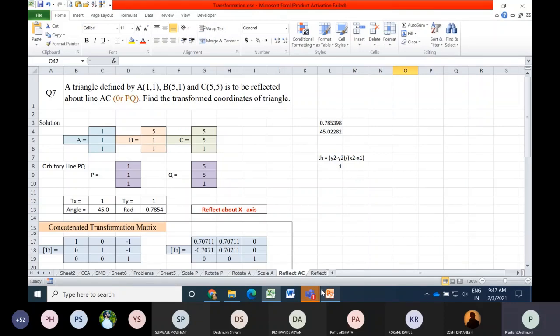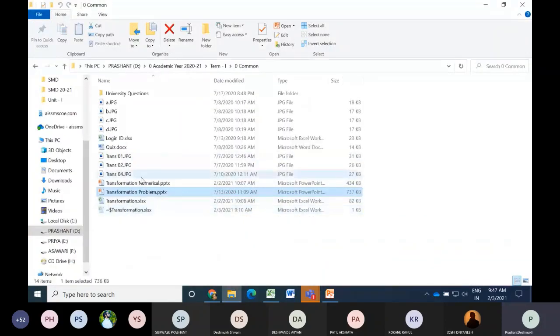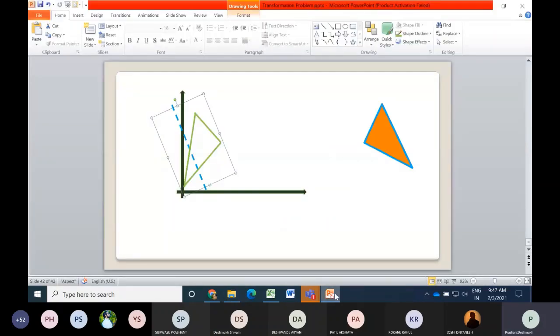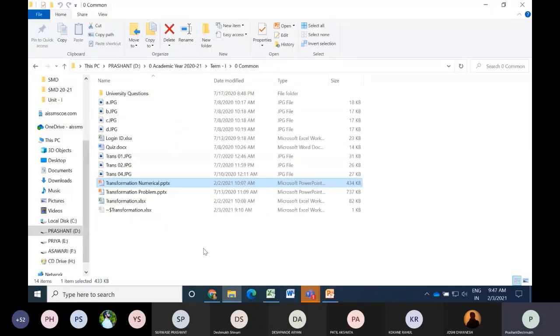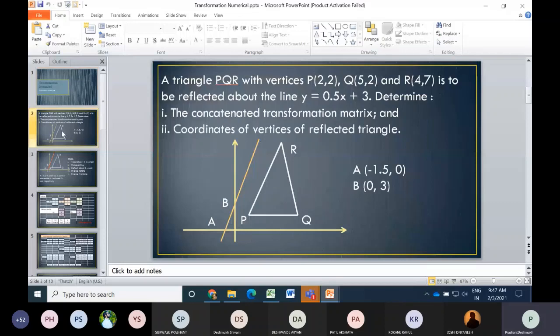Okay, we'll see one numerical with this. So this is the problem which we have seen in the last lecture also.